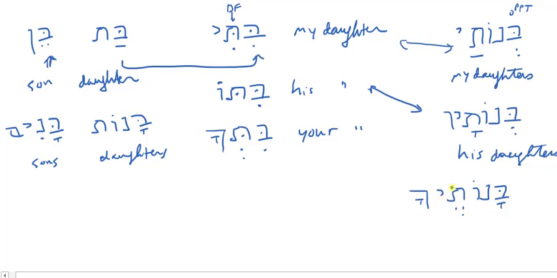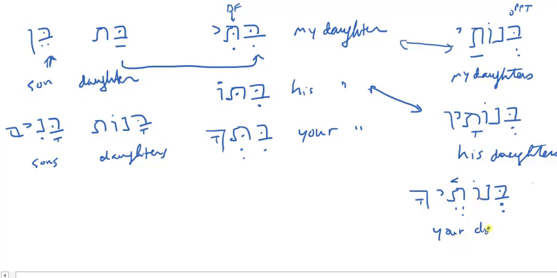Banotecha. The accent is here. Banotecha. So this is tonic. The no is pretonic. The ba is propretonic. And open propretonic syllables reduce to vocal shva. So b, no, techa. Your daughters.